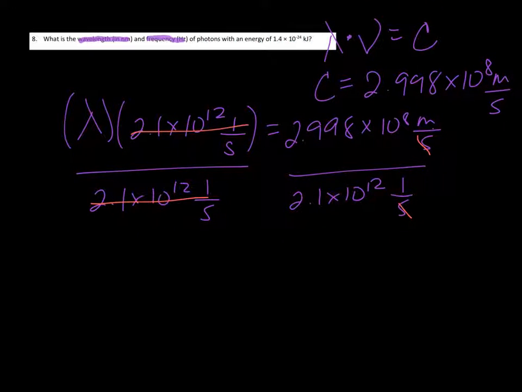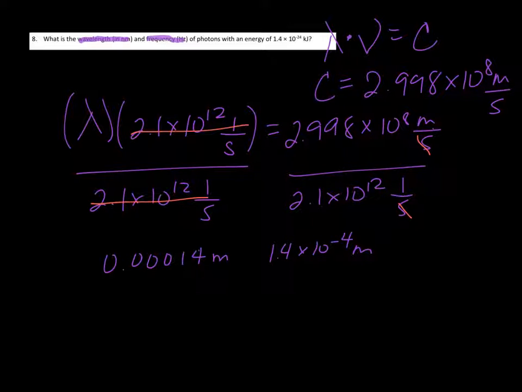So when I plug this into a calculator, I end up getting 0.00014 meters, or you can write 1.4 times 10 to the negative 4th meters.